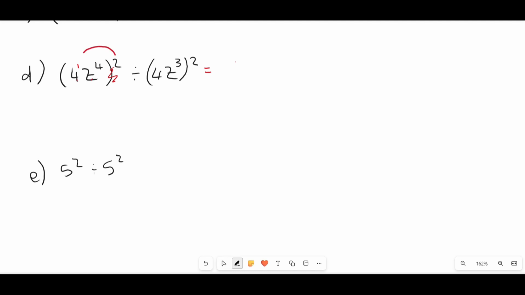So this 2 will need to go and sit over the 4 here and over the z as an exponent. So it's going to become 4 to the power of 2 times z to the power of 4 times 2 is 8.